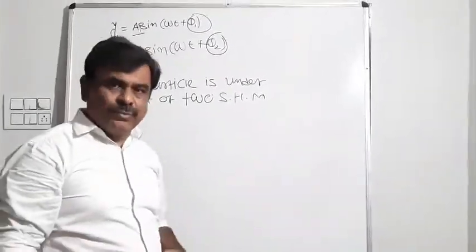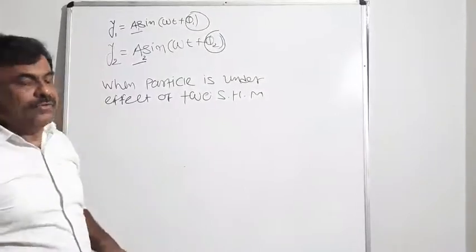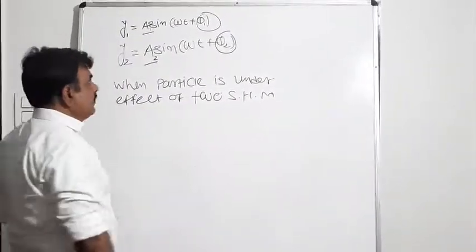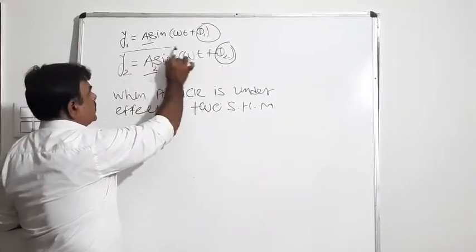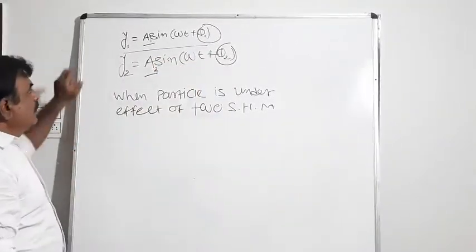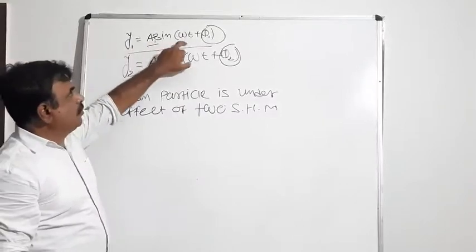That is called a Lissajous figure also, but we will not go through that word, as well as what will be the resultant amplitude.